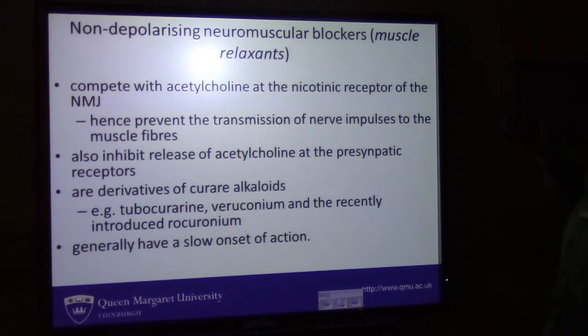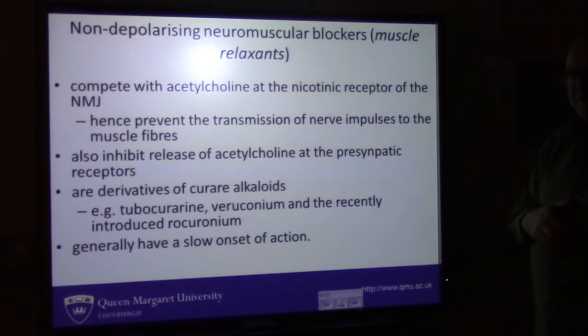Interestingly enough, these also have the ability to inhibit the release presynaptically of acetylcholine. So not only are you blocking the action of the acetylcholine that's already been released, you're minimising the amount of subsequent release as well. So that's why they're highly effective muscle relaxants.